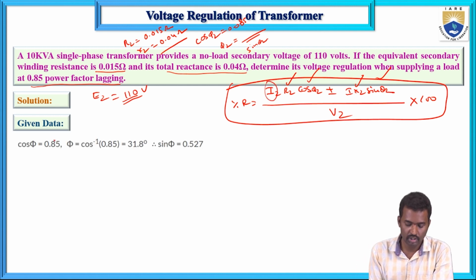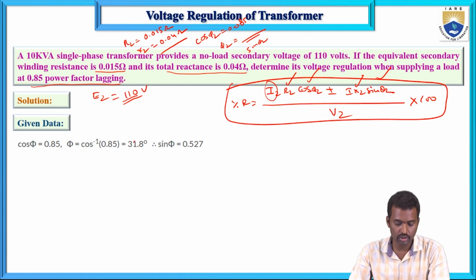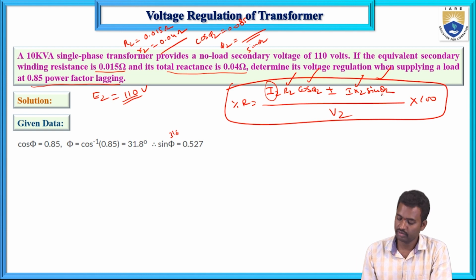Cos inverse of 0.85 equals 31.8 degrees. So sin 31.8 degrees equals 0.527.